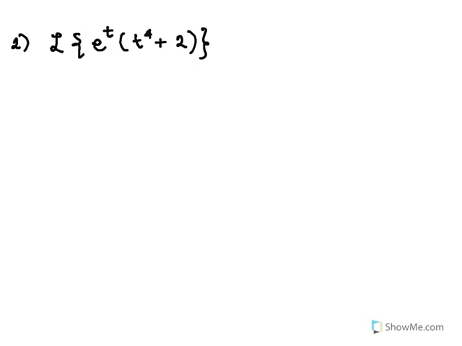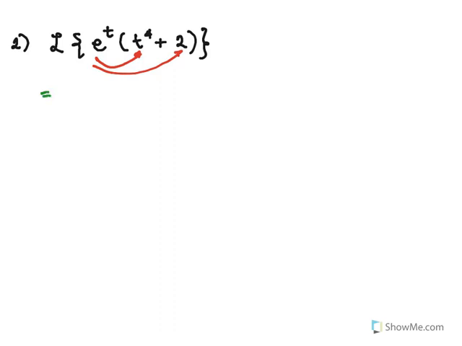For our next example, we have e to the t times the quantity t to the fourth plus 2. What we can do first is distribute the e to the t so that we can use the linearity property.